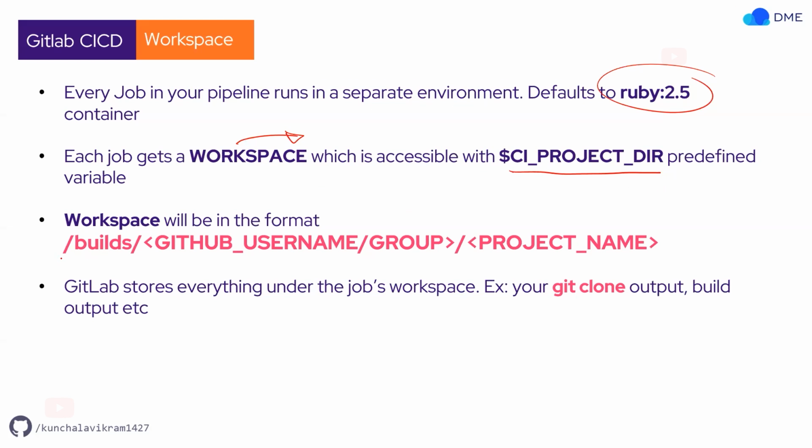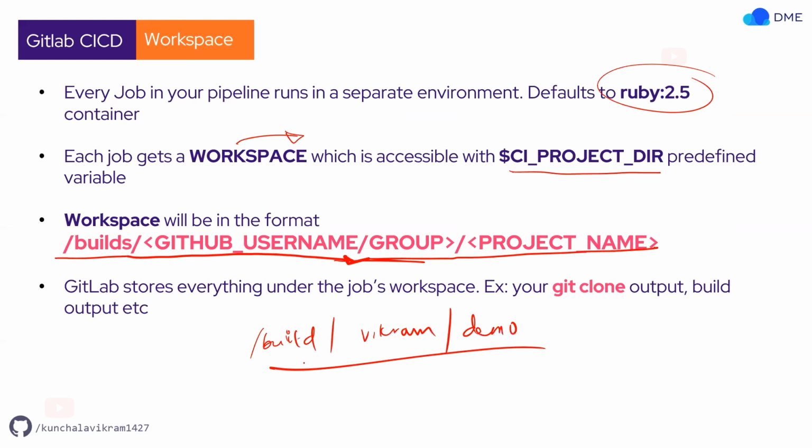The exact location will be under builds, your GitLab username or group name, and then the project name. If my username is Vikram and my project is, let's say, demo, this will be the path within that environment.